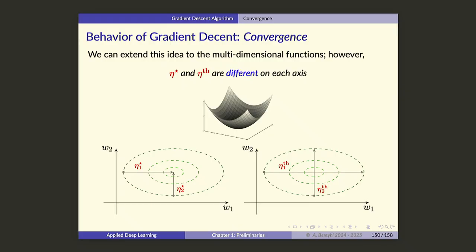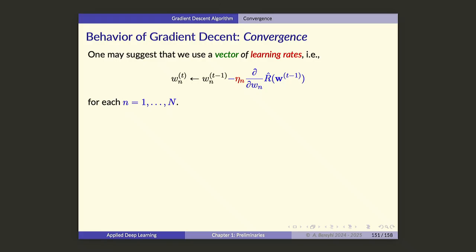So when you get a high-dimensional function, every single w in that function is going to have its own specific maximum possible learning rate. Now, if you want to do the update, one efficient thing that you can do is this: you would say that I do not have just a single learning rate.